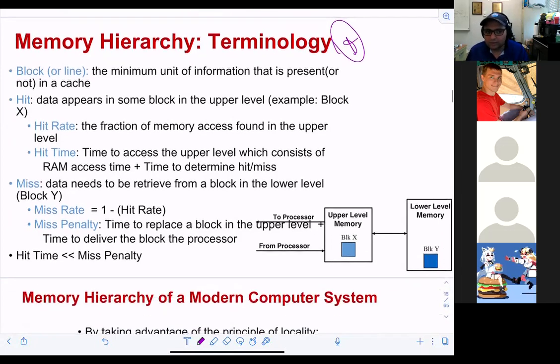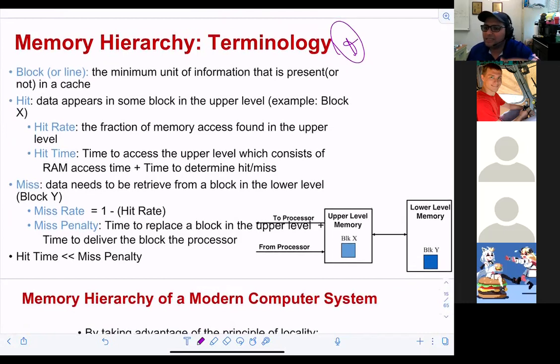Of course, if you are looking for rate, let's say I have a big program running, right? And I start looking at the memory based on the timing. And I say, oh, I missed this time. I hit this time. Then I will start accumulating the rate. Do you guys agree? And that rate is going to be the fraction of memory accesses found in the upper level. When I say upper level, that means nearby the processor. Lower level means far from the processor.